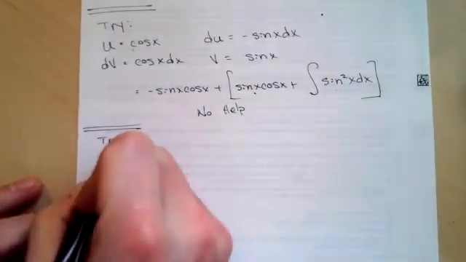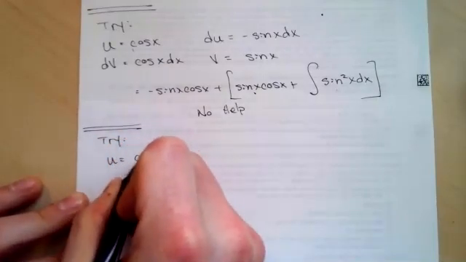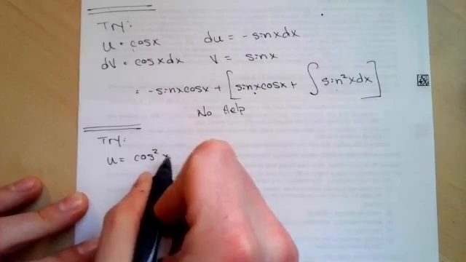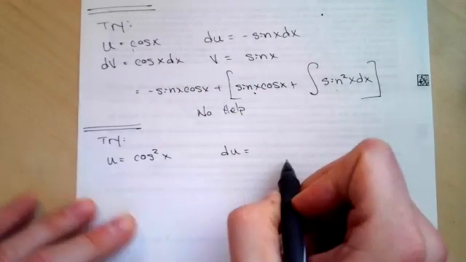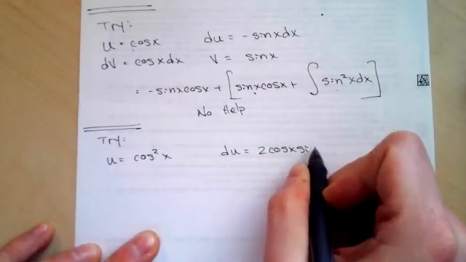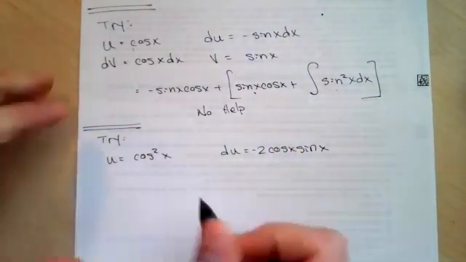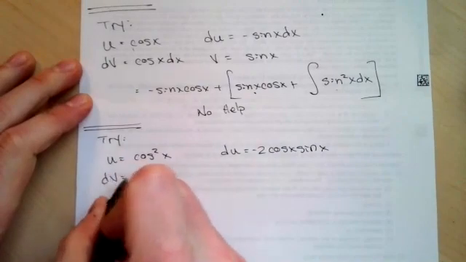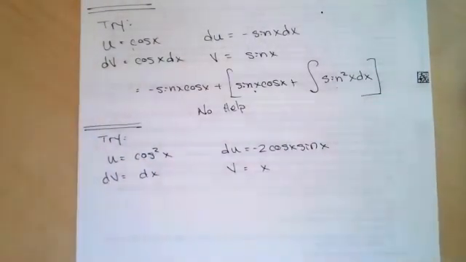Well, if that didn't help, someone else mentioned, if we try to do u as our entire cosine squared x, we can at least take a derivative of that. But what happens with our du, or excuse me, what happens with our v? So our du is going to be 2 cosine x sine x, which will be negative. But then our dv is just dx, and then our v ends up being x.